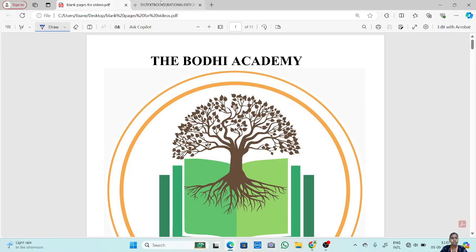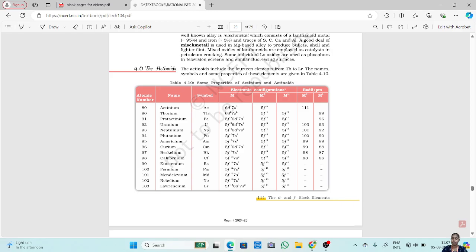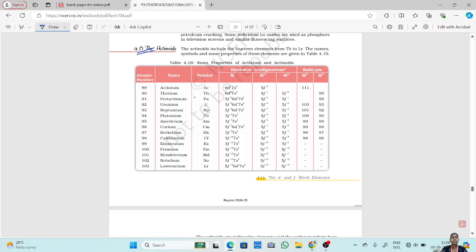So today we'll see the last part of the chapter D and F block elements. In our last video we saw the lanthanide series. Today we'll see the actinide series and the last part of this chapter. The actinide series includes actinoids and has 14 elements from thorium to lawrencium, including actinium.